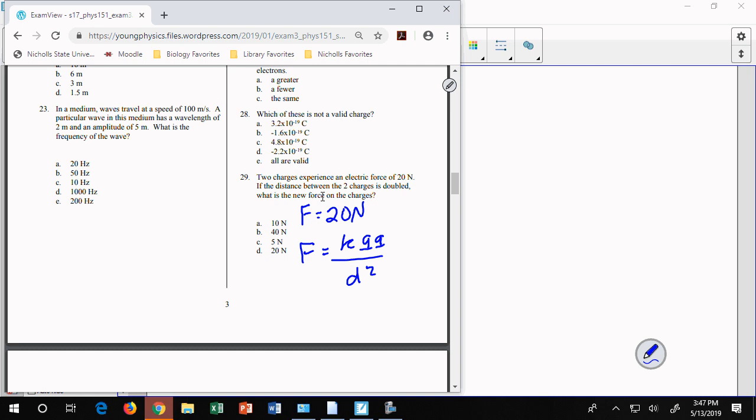If I double the distance, my force is 1/4 what it was before, because the distance is squared. Doubling it gives a 4 in the denominator, 2 squared. So my force will be 1/4 its original value, and since it was originally 20, it's now going to be 5.